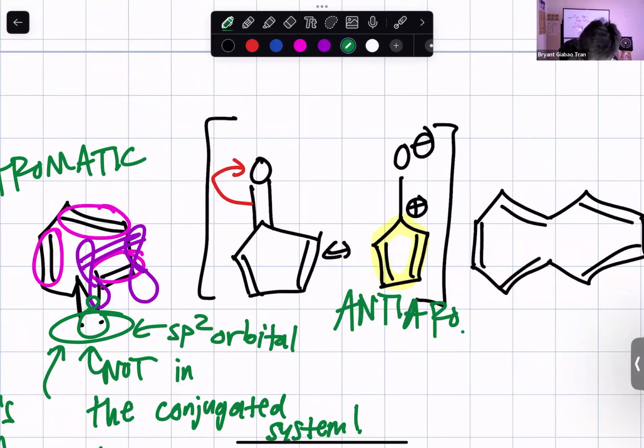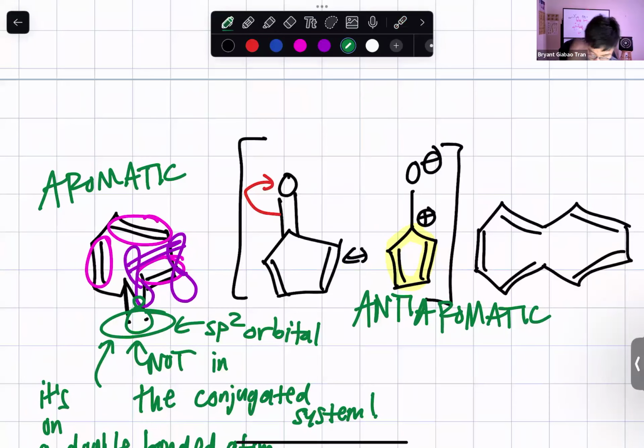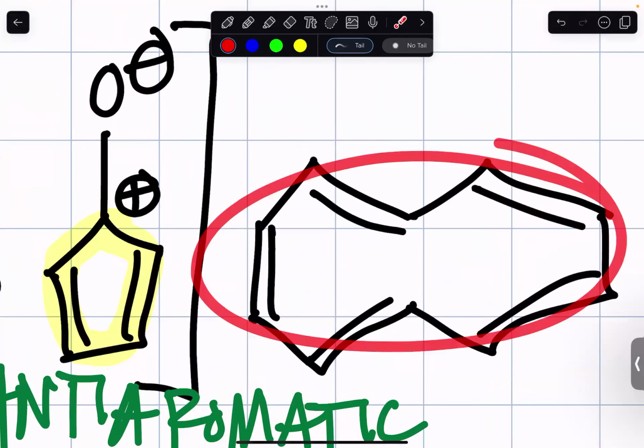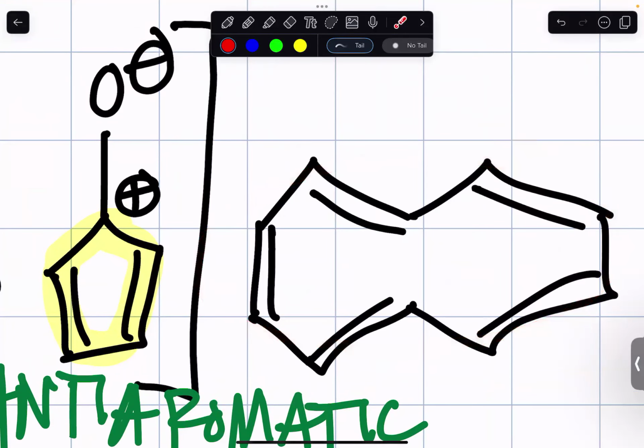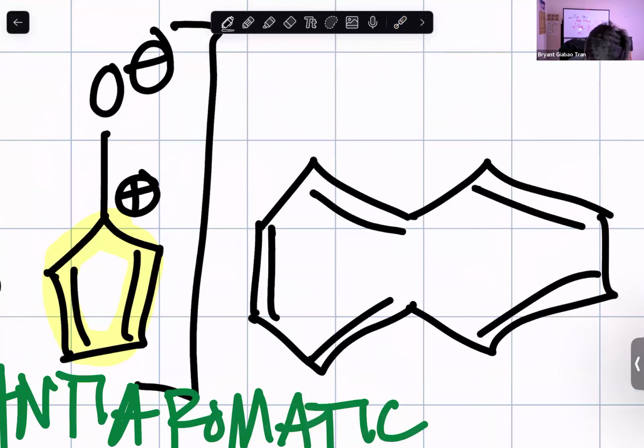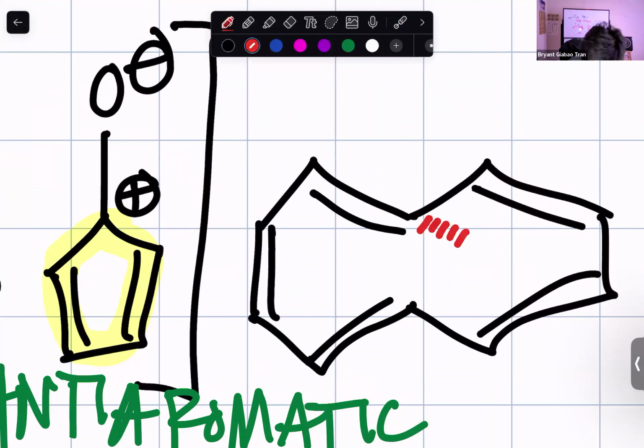Okay, so the third weird scenario is going to be this right here. This is cyclic. This is fully conjugated, right? But look at the planar thing here. There is a hydrogen here, but to avoid steric hindrance, one of the hydrogens is going to be, let's say, dash.